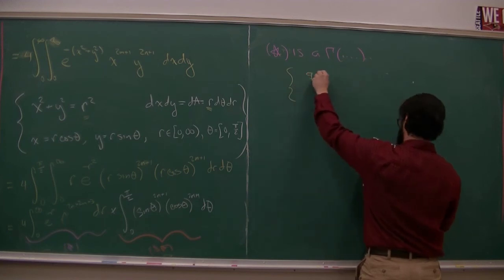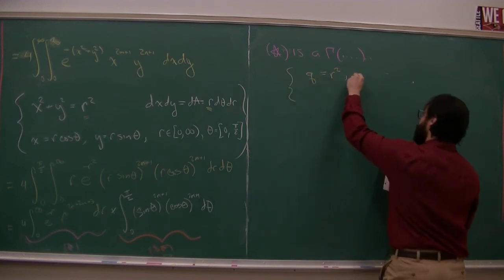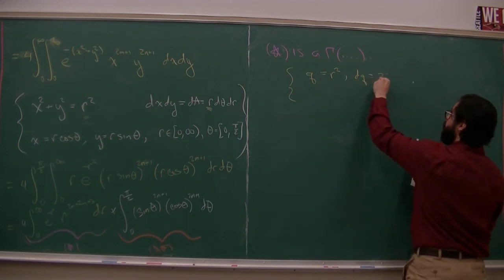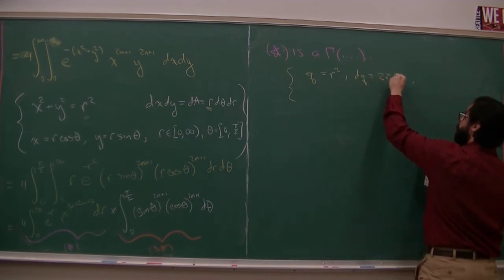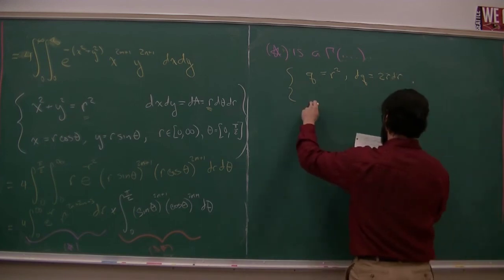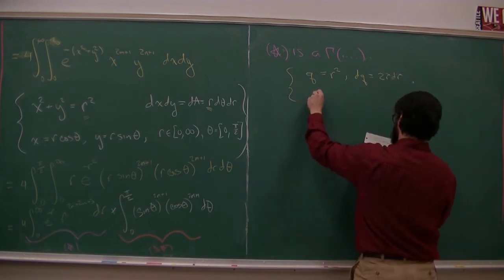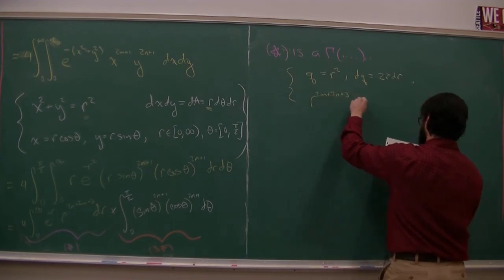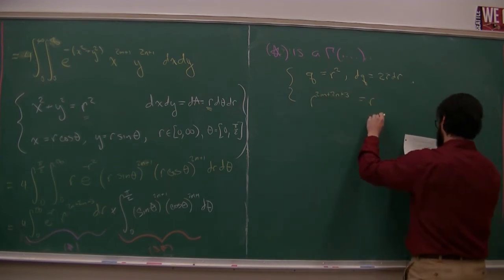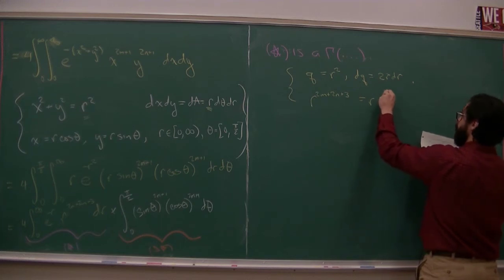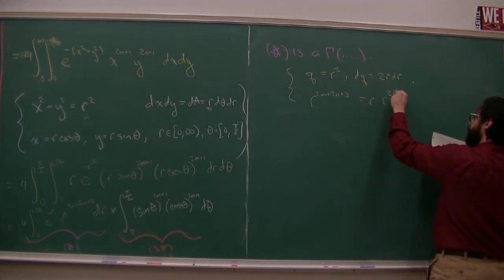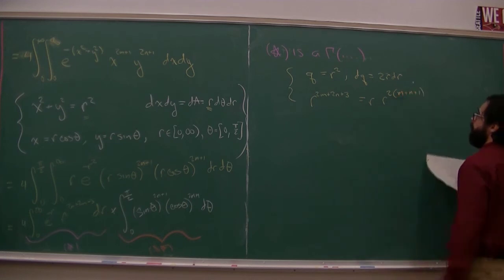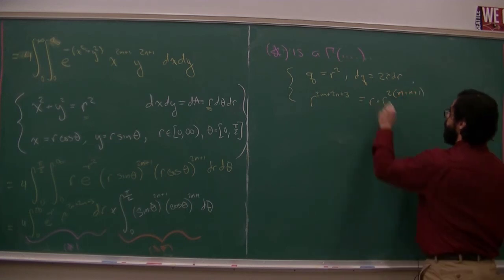Let's do Q. So Q is r squared, therefore dQ is 2r dr. And then r to the 2m plus 2n plus 3 would be equal to r times r to the 2m plus 2n plus 1. That's kind of what we want.